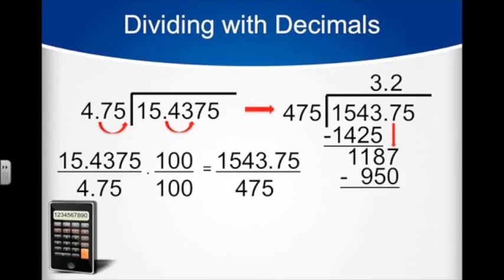We subtract 1,187 minus 950 and get 237, and bring down the 5 to get 2,375. Finally, 475 goes into 2,375 5 times evenly. So we have our final answer, 3.25.